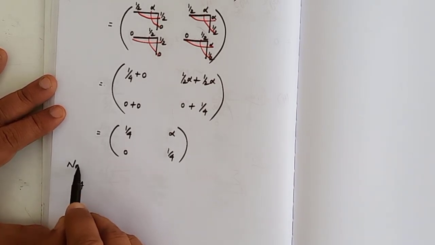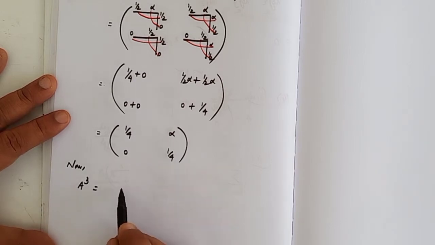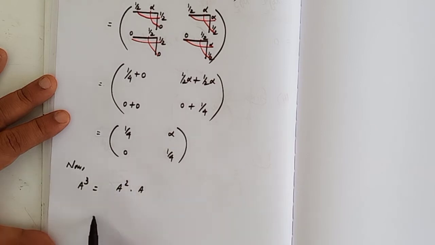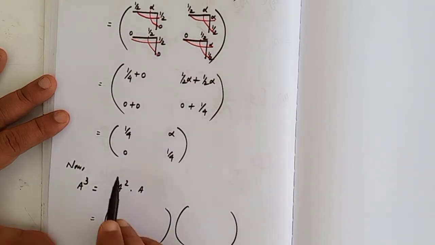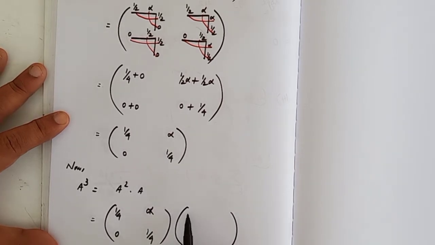Now I am going to find A cube. A cube is A squared into A. A squared is [1/4 alpha; 0 1/4], and A is [1/2 alpha; 0 1/2].